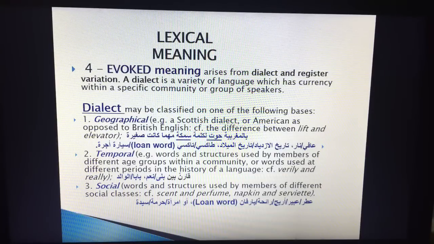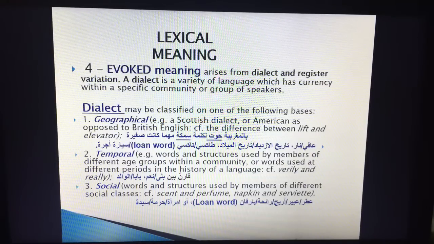Now, the last element under dialect is to do with the social, which means the social base, which means the words and structures used by members of different social classes, from high class, from working class, and so on. Like the words scent and perfume, napkin and serviette, عبير وعطر وأريج ورائحة وبارفان.